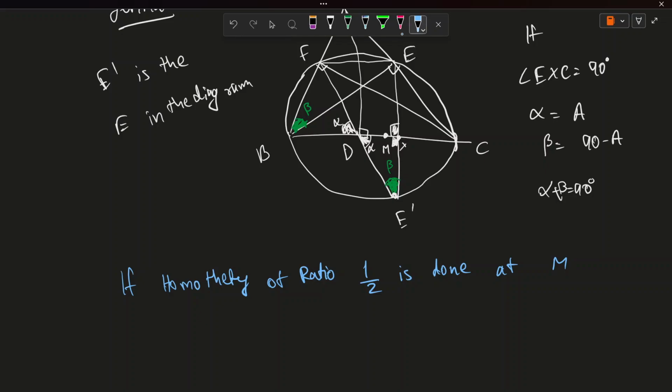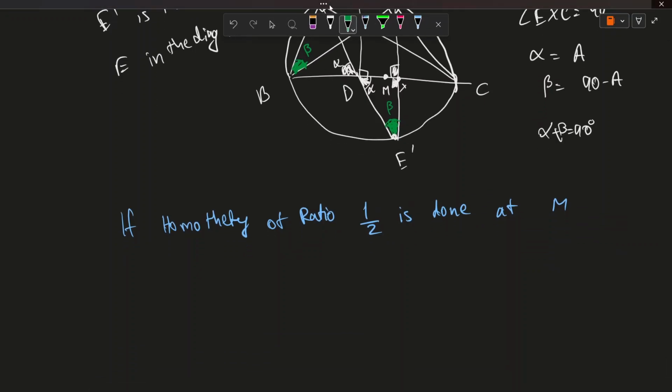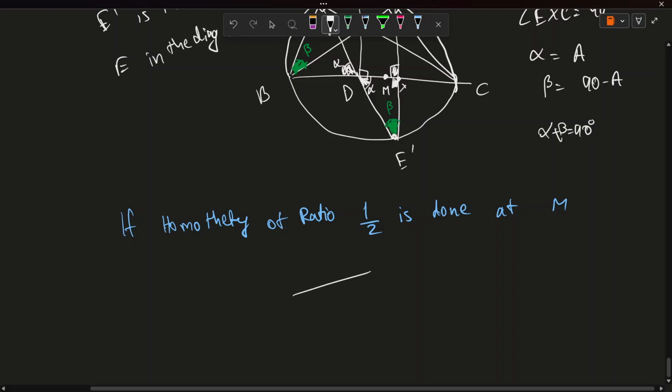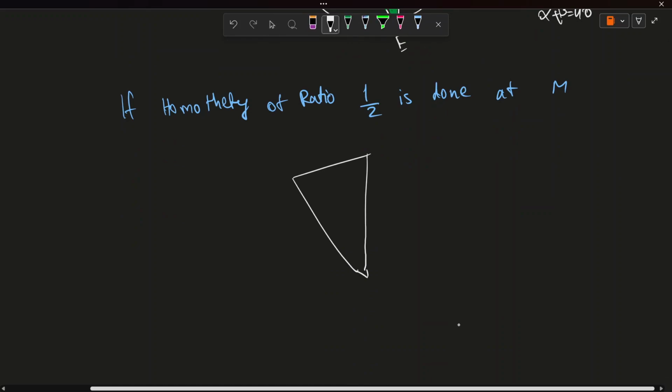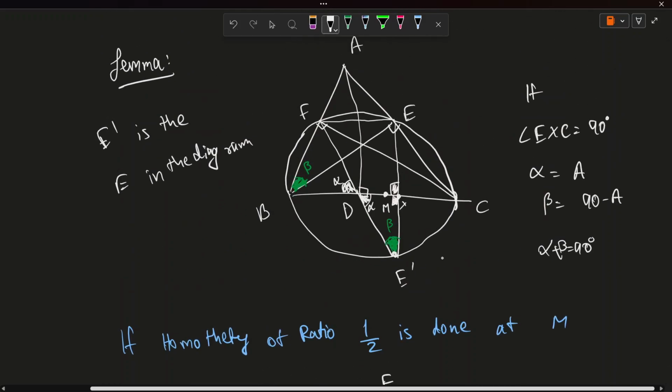So what are the changes? Let me draw the diagram once again, a very simple small diagram. Suppose this is F, E and E dash, only this small part of the diagram.